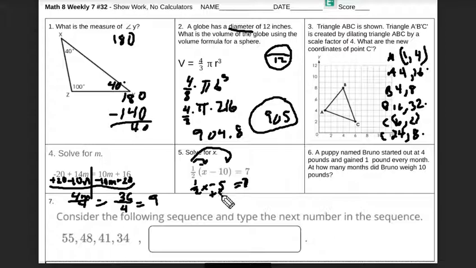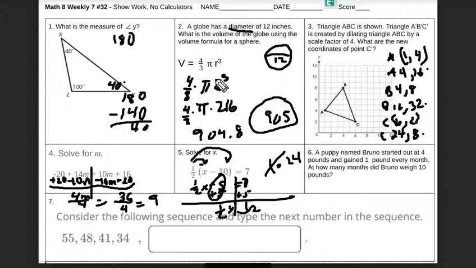We've got to balance the equation. So that's 0. Add 5, and we're going to get 12. But that's only a half of x is going to be 12. So we need to double this and double this. So x is going to equal 24.